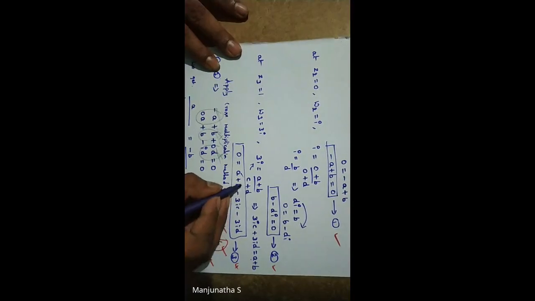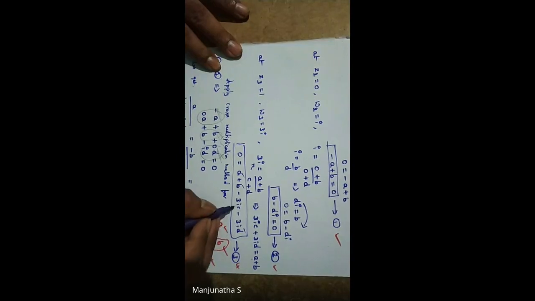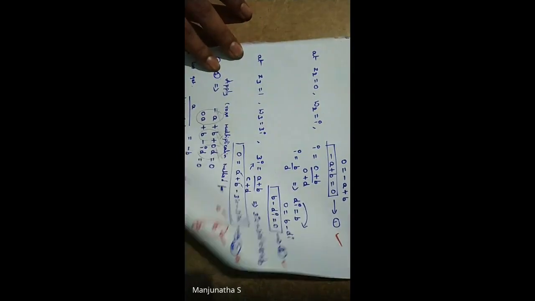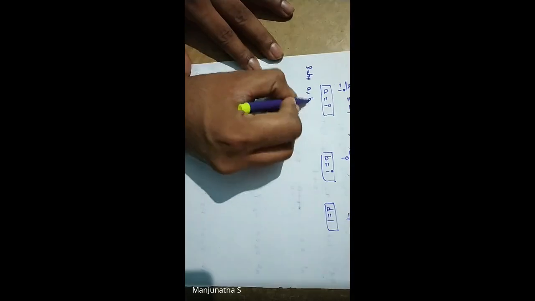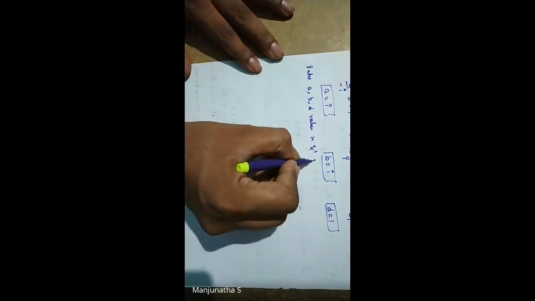We know the A value, we know the B value, and we also know the D value, but we don't know this C value. So when I substitute everything other than C, all the elements will become constants, so that I can solve for C and get a value for C. So substitute the A, B, D values in equation number 3.